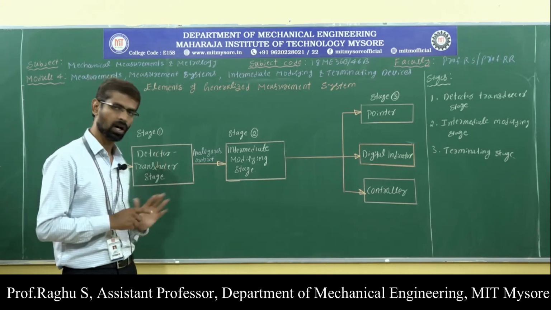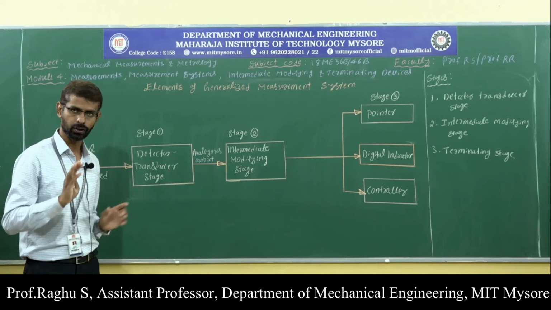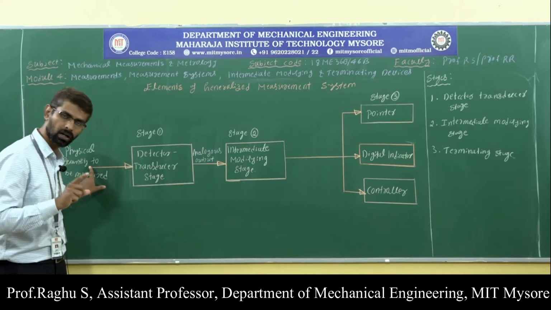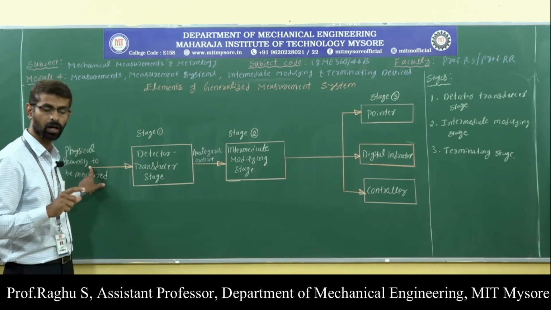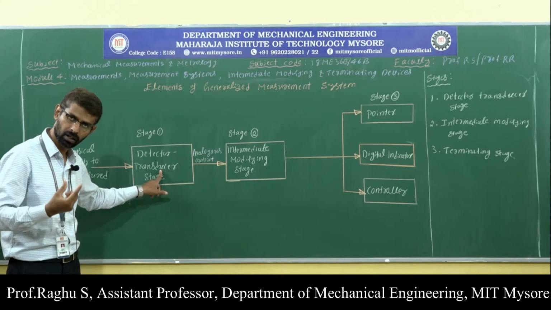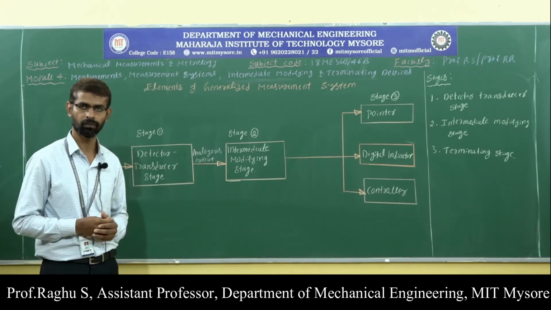So the first stage consists of a detector, which detects the physical quantity, and a transducer, which converts it into an analogous output, a continuous signal.